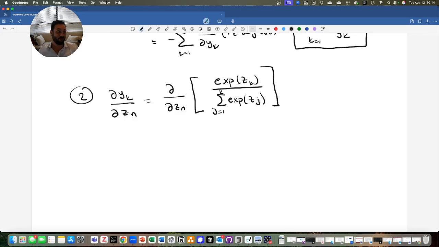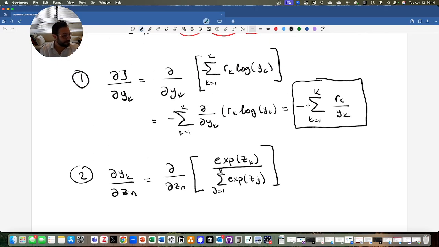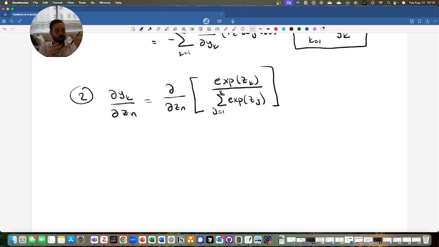So I have on the top the K index for the class. That's something to do with the yk, the probability. But I know the probability of the kth class, which is going to be summed here when I merge the two parts, has something to do with all of the logits. Because why?